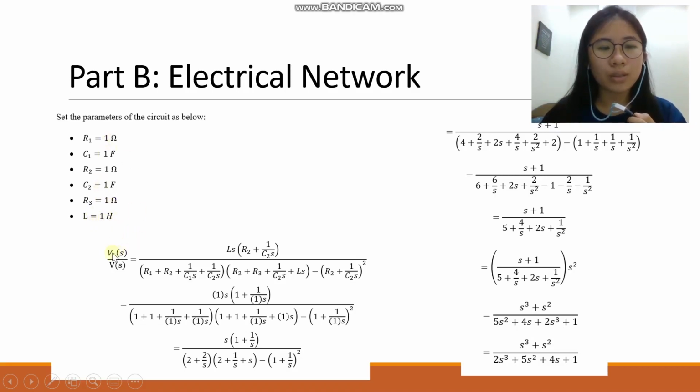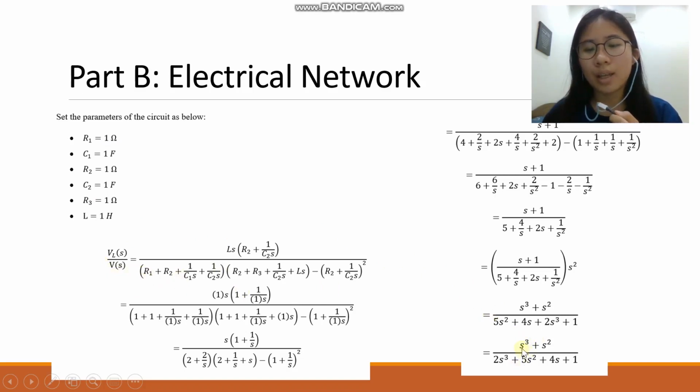These values are substituted in the transfer function VL over Vs, and we can get the answer. The final answer is s to the power of 3 plus s to the power of 2 divided by 2s to the power of 3 plus 5s to the power of 2 plus 4s plus 1.